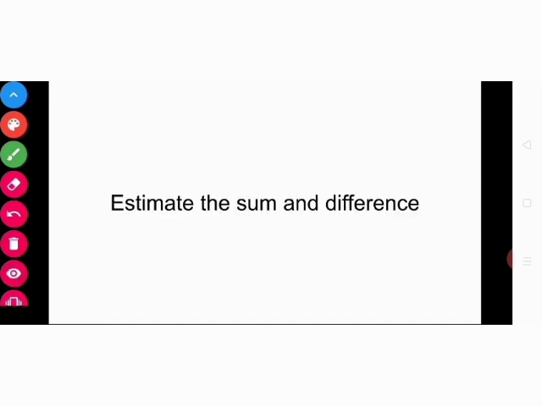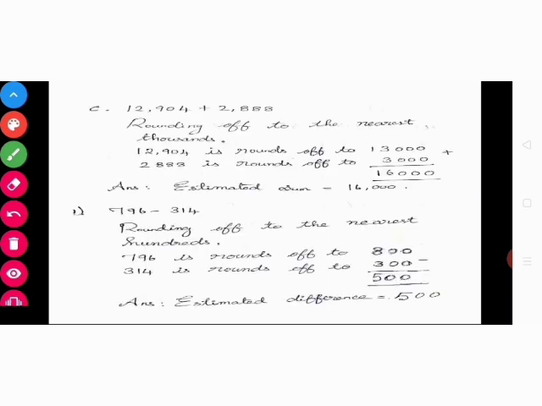Look at the example. You want to estimate the sum and difference. Look at the example sum: 12,904 plus 2,888. The sum is given. You want to round off to the nearest 1000. 12,904 is rounded off to 13,000. 2,888 is rounded off to 3,000.